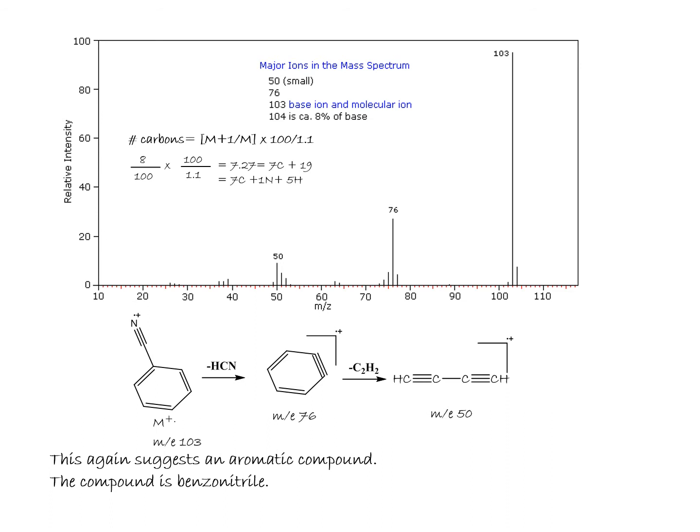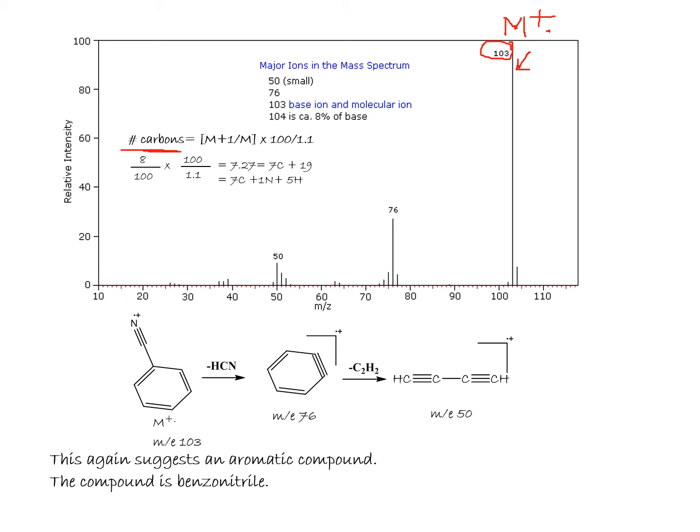Now, we can see that 103 is an odd molecular ion. So we have an odd number of nitrogen. So we can accept now that we have carbon triple bond N from the IR. Okay.